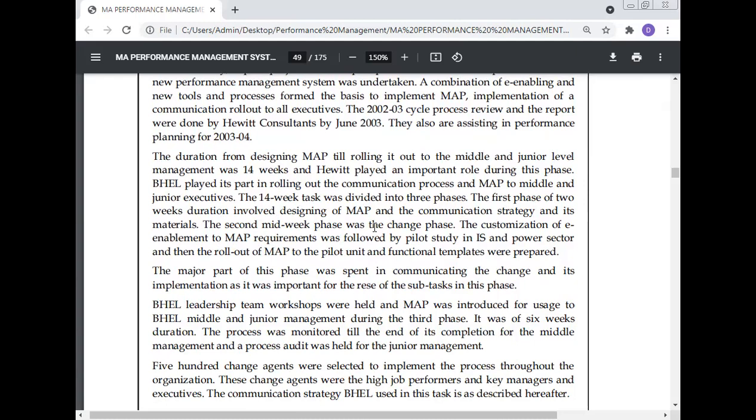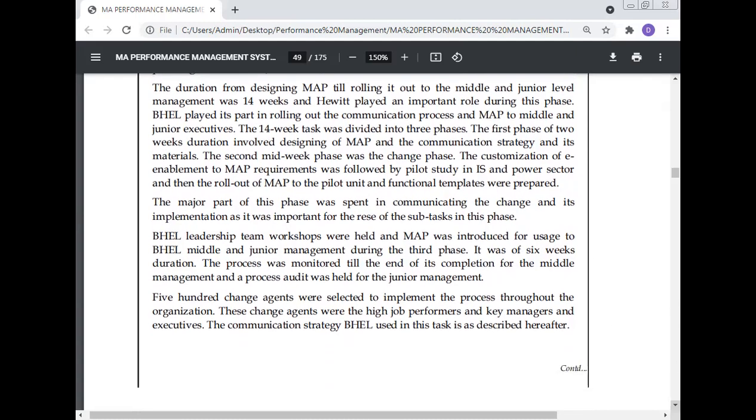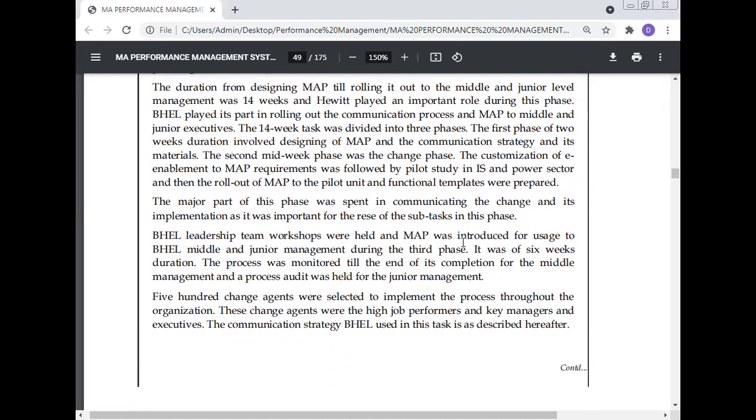The customization of the e-enablement to the EMAP requirement was followed by the pilot study in the IS and power sector, and then rollout of EMAP to the pilot unit, and functional templates were prepared. The major part of this phase was spent in communicating the change and its implementation, as it was important for the reach of the subtask in this phase.